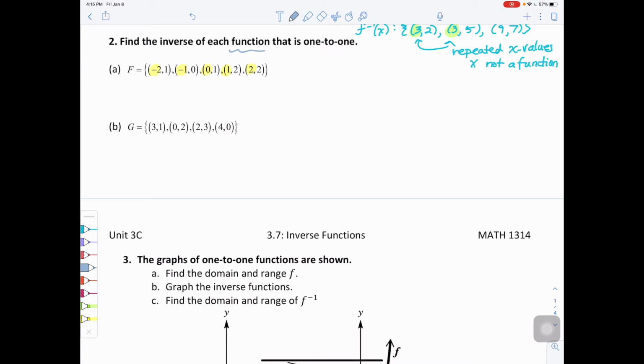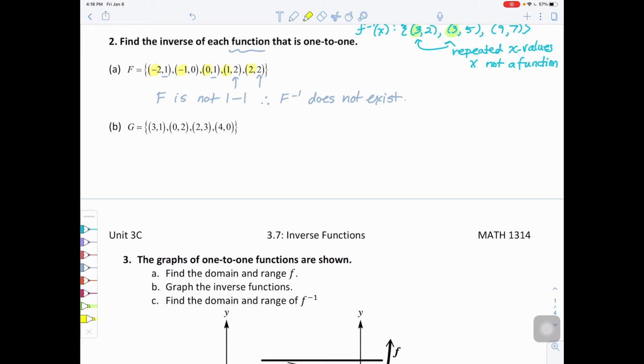But look at this. Two more of our coordinates have repeated y values. So this f is not one-to-one. Therefore, f inverse does not exist. And I think that's pretty powerful. If a function is not one-to-one, an inverse function doesn't even exist.